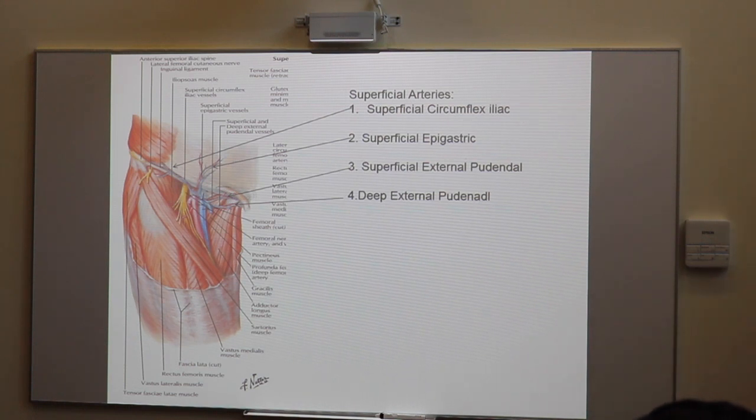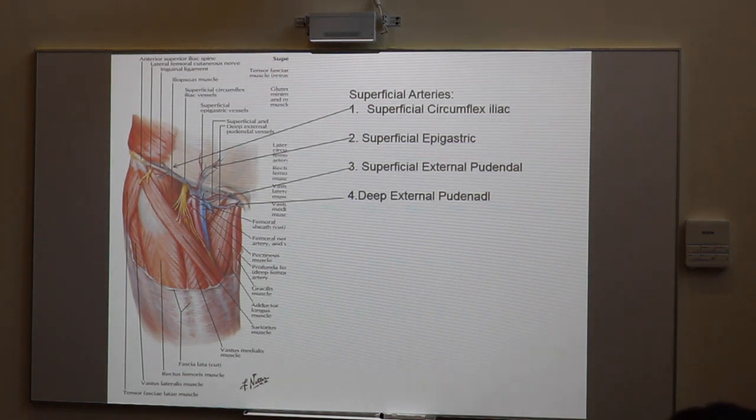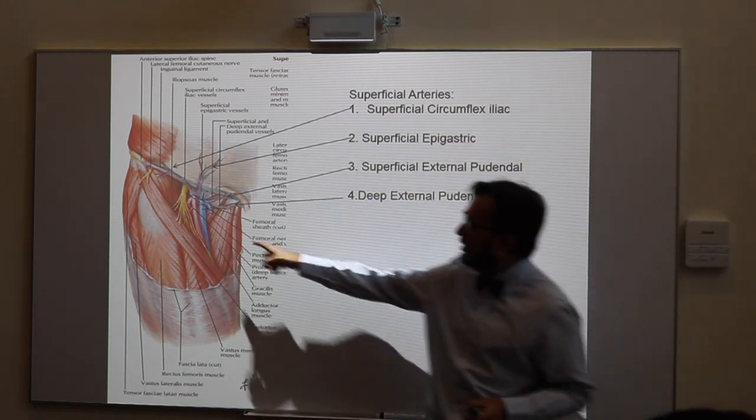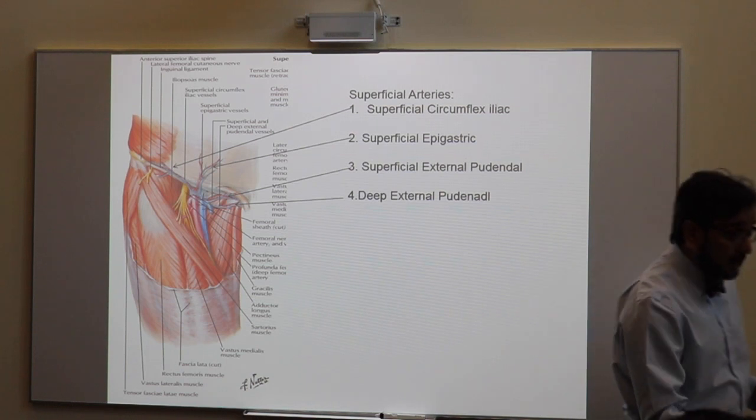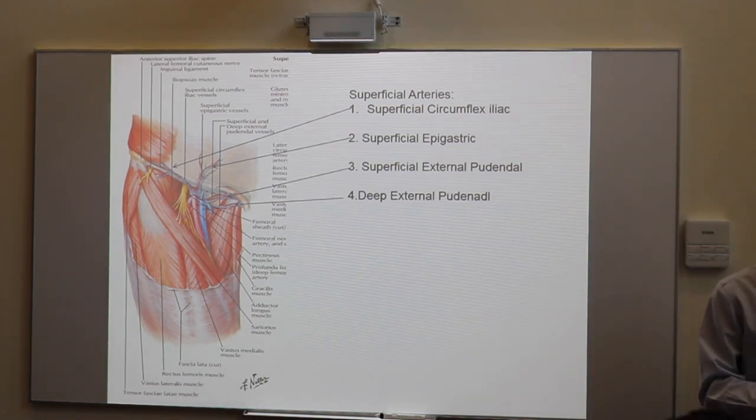What you need to realize is that the superficial femoral artery itself does not give deep branches to the thigh. So the deep branches to the muscles and other components are going to come from the profunda femoris, the deep femoral artery, which is a branch of the femoral artery.